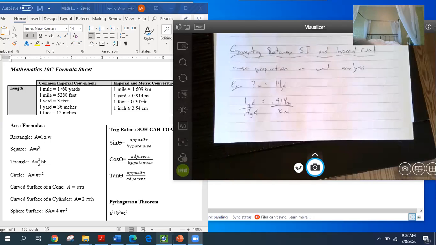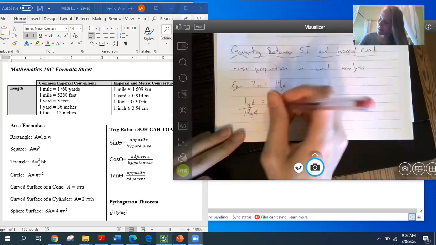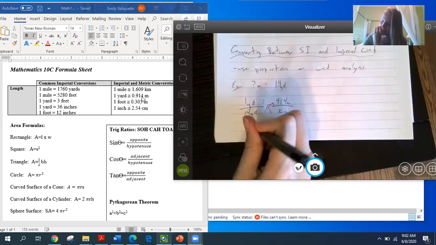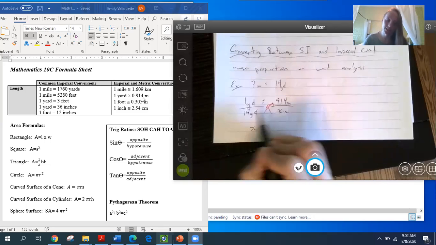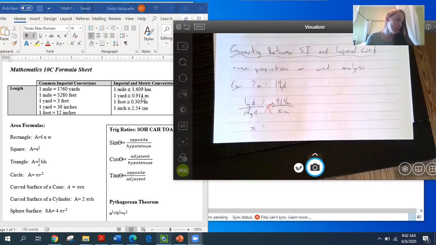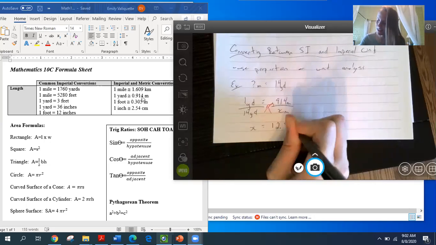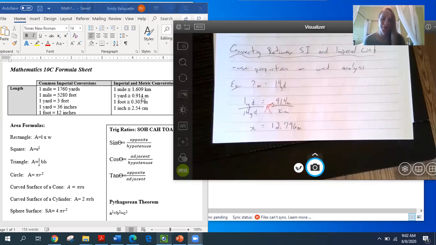From there, I'm going to cross multiply. And in this case, we have x times 1, which is just x, and then 14 times 0.914, which I need to do on my calculator. And that gives me 12.796 meters as my answer.